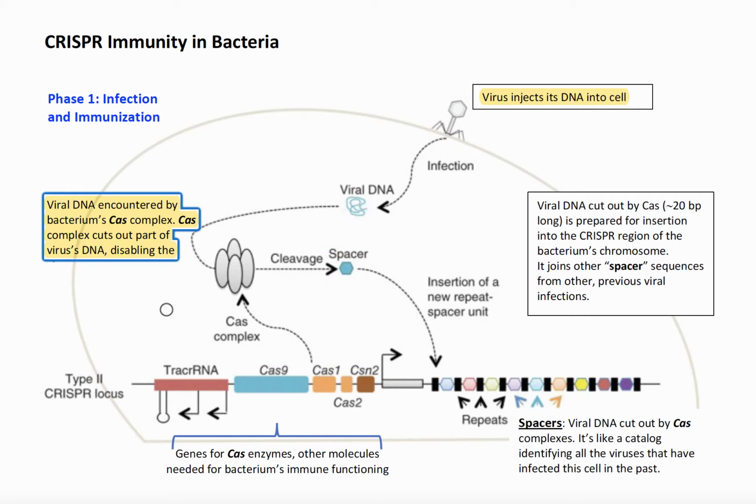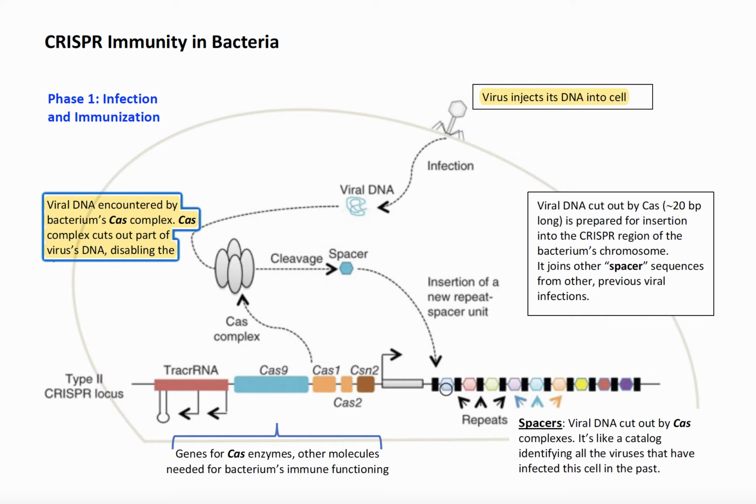So once the Cas complex has chopped the viral DNA, it will take a piece of that viral DNA and trim it down to a size of about 20 base pairs or so. And this is a chunk of viral DNA that's now called a spacer. And that newly chopped out viral DNA, that new spacer, will be added to the CRISPR sequence in the bacterium's chromosome.